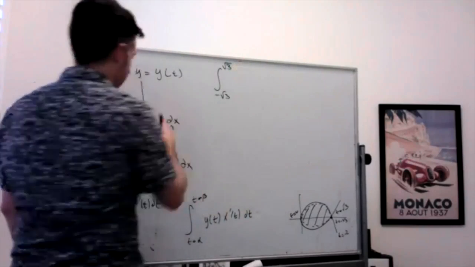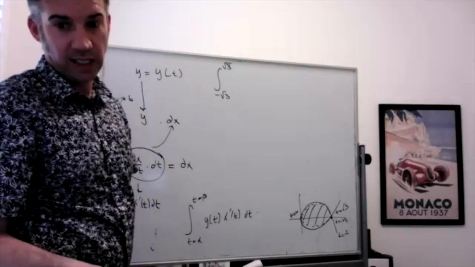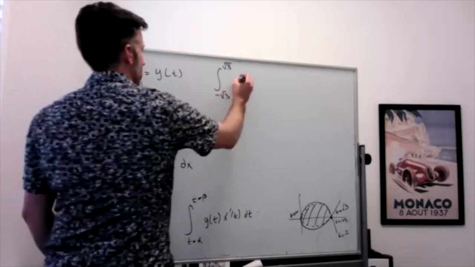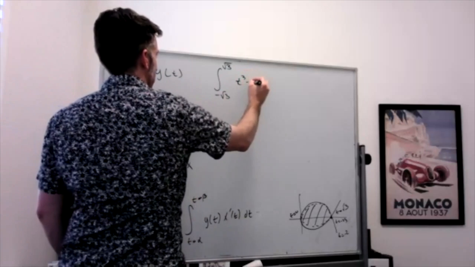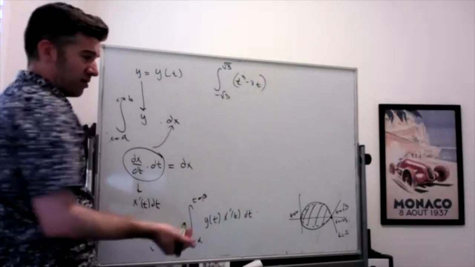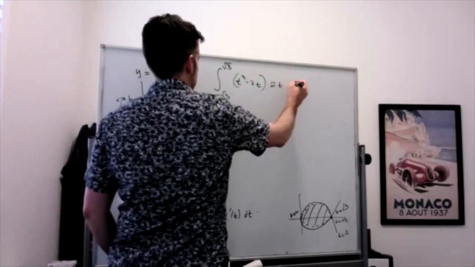My y function, if you recall, was t cubed minus 3t. And x was t squared, so x prime is going to be 2t.